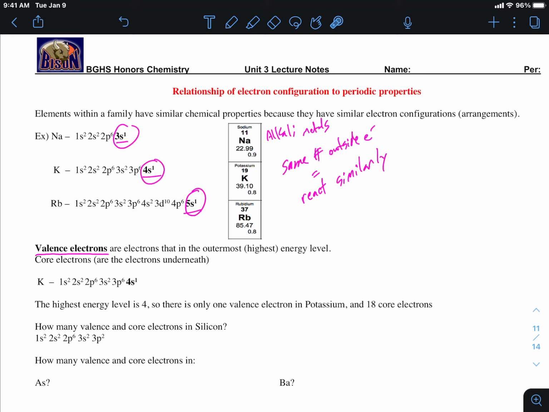And valence electrons are important because they are the only electrons that can interact with other elements. There are lots of electrons in any given element, but the only ones that will do anything are the ones on the outside.